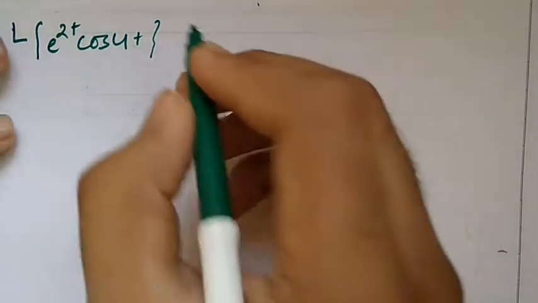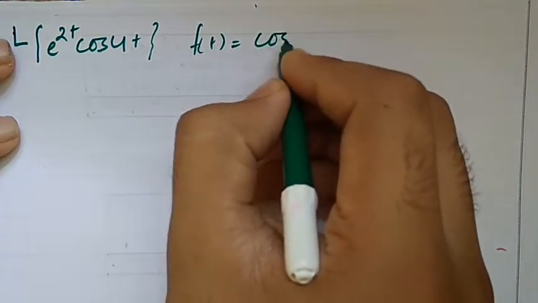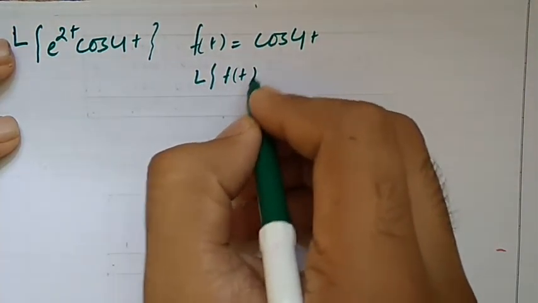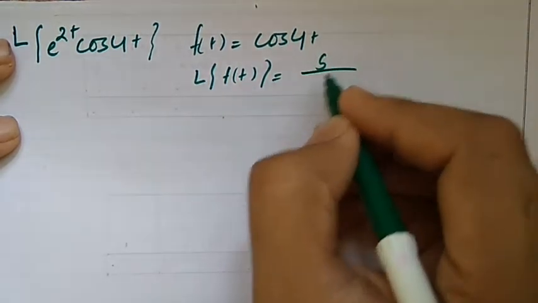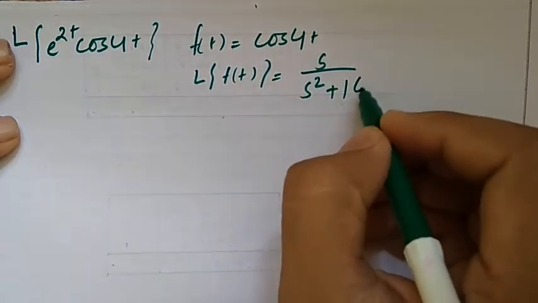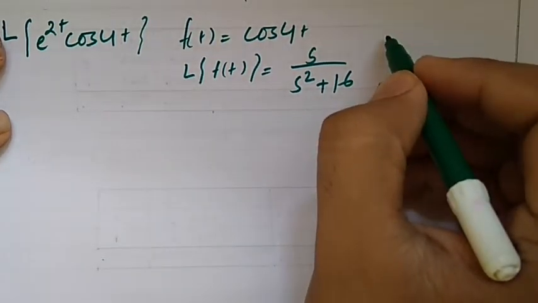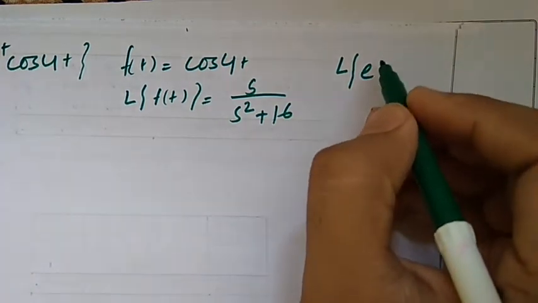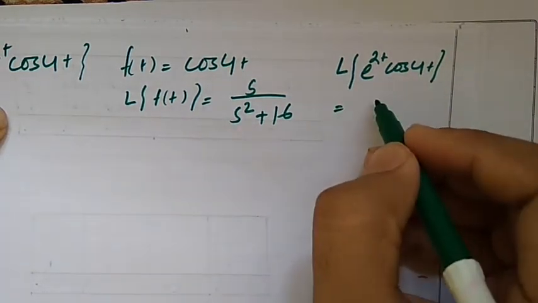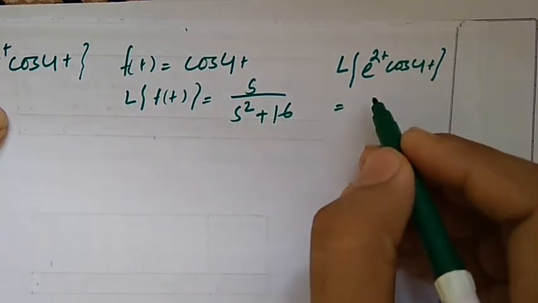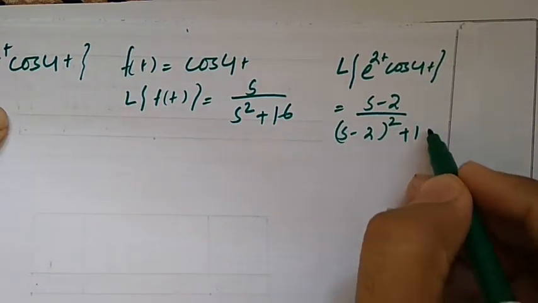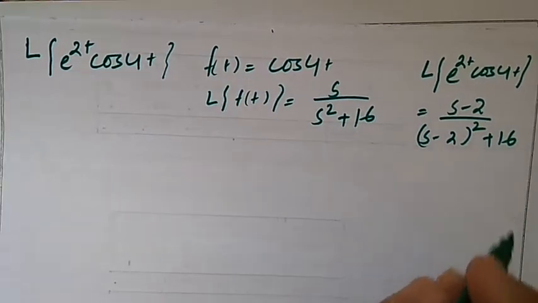Here our f of t is cos 4t, so its Laplace transformation is s by s square plus omega square, where omega is 4, so s square plus 16. So the Laplace transformation of e to the power 2t into cos 4t will be, replacing s with s minus a, (s minus 2) by ((s minus 2) square plus 16). It is very simple, right?